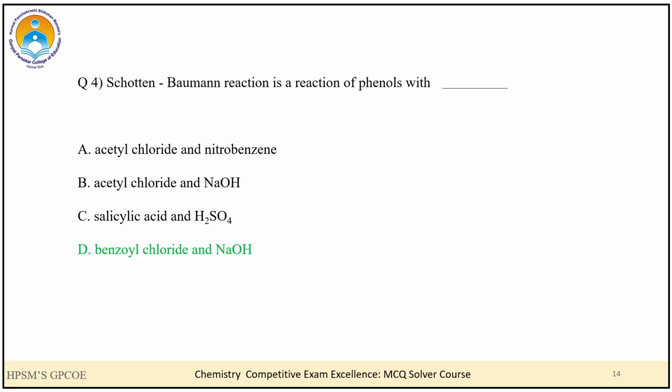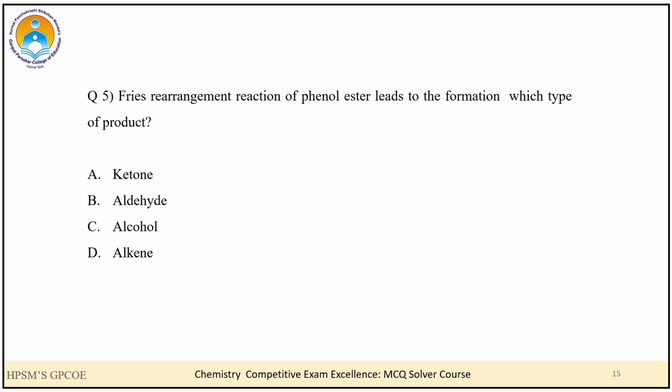Now moving on to the next question, that is 5. Fries rearrangement reaction of phenol ester leads to the formation of which type of product? Options are A, ketone, B, aldehyde, C, alcohol, and D, alkene.